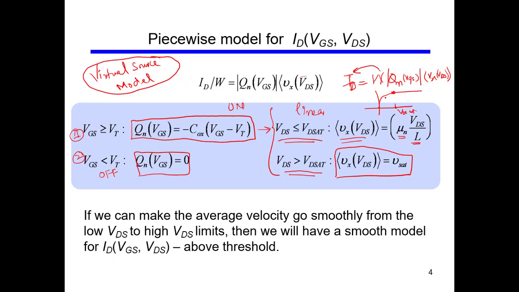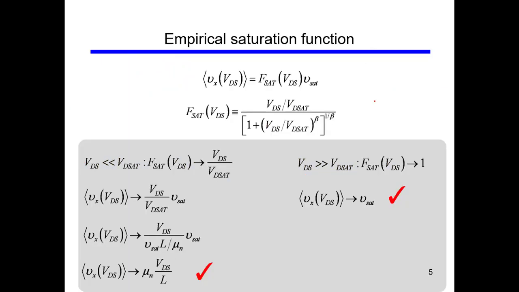So this curve is shown by this part: in this region the velocity is dependent on VDS divided by L into mobility, and beyond the VD sat point it is constant at V saturation. So these are the maximum and minimum values. By maximum and minimum, I mean saturation is the maximum value, and in the linear region you start from the minimum and go to the saturation point.